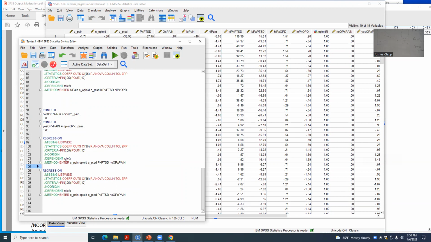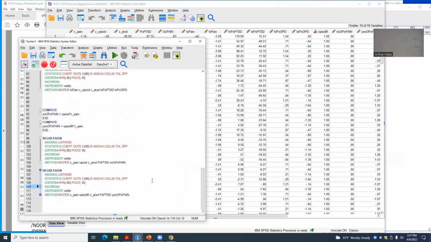Now I want to look at the simple slopes or this unique effect of pain on functioning for people who are using opiates. What do I swap out here? Yeah. Yeah. Just swap this out.